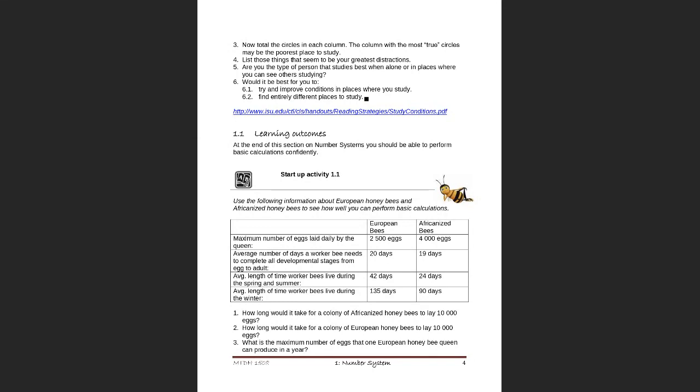Now it will need 19 days to complete all the developmental stages from egg to adulthood. But the average number of days that it lives is 24 days. Have you seen that? Then the average number of days it lives in winter is 90 days. Have you seen it?